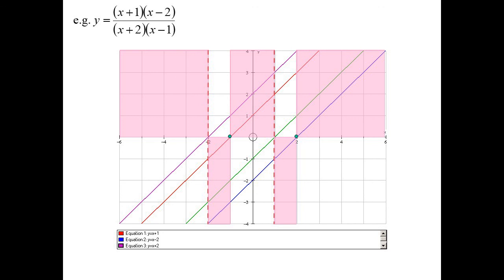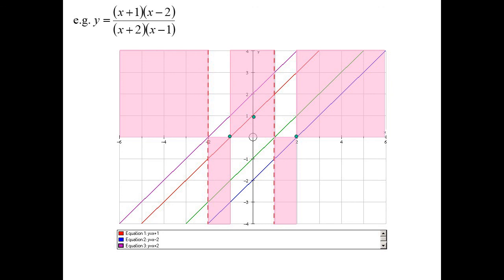Negative times negative times negative times negative gives me a positive. Positive times negative times negative times negative gives me a negative. Positive times positive times negative gives me a positive. Then we've got positive times positive times positive times negative gives me negative. And finally, positive times positive times positive times positive, positive. So I know I'm in all of those sections.